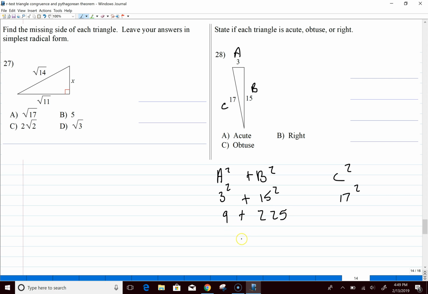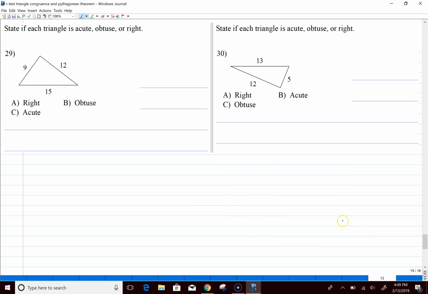Let me add these together. 9 plus 225 is 234. 17 squared is 289. Are they equal? No. Is the left one bigger? No. The right one is bigger. So when the number on the right side is bigger, that means you have an obtuse triangle.